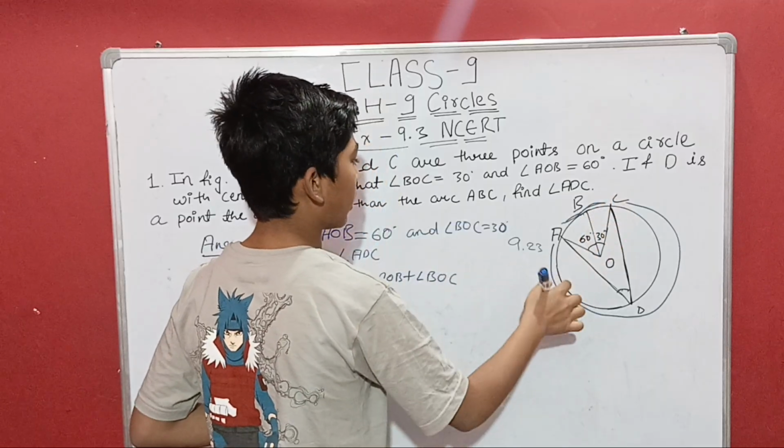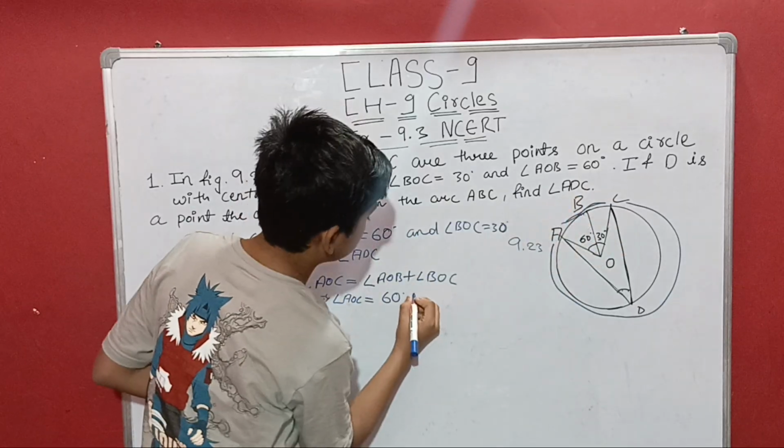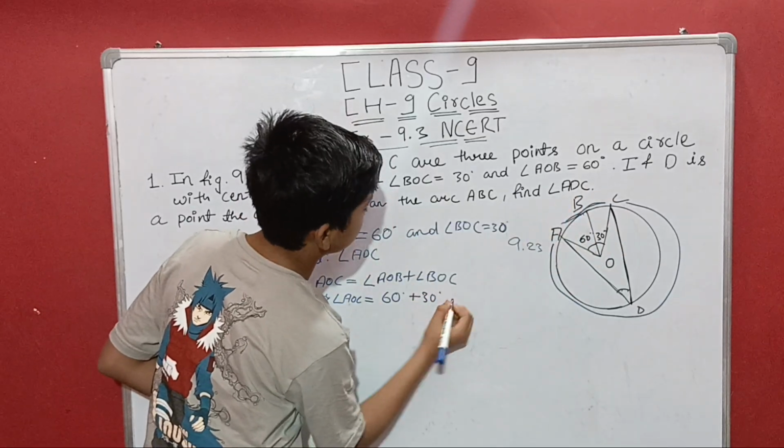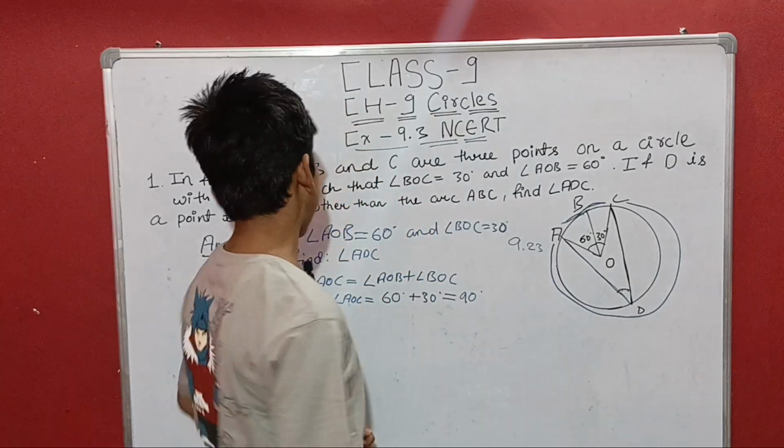AOB is 60 degrees and BOC is 30 degrees. So AOC will be equal to 90 degrees, which is a right angle.